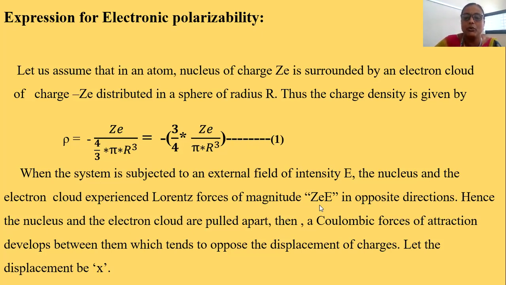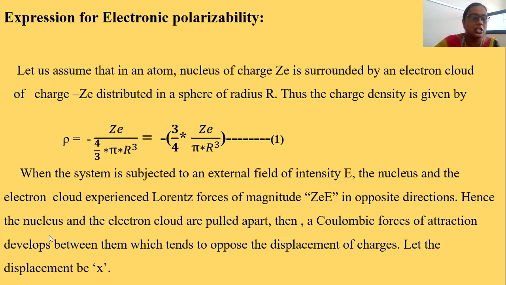In place of Q, we are writing Ze, where Z is your atomic number and e is the electronic charge. It will be in the opposite direction. Hence, the nucleus and electron cloud are pulled apart. If the nucleus moves in the direction of the field, then due to the Lorentz force the electron cloud will move opposite to the direction of the nucleus.